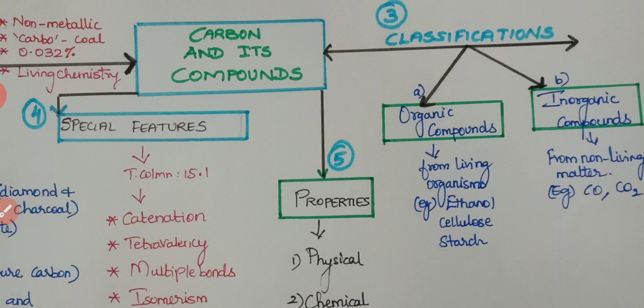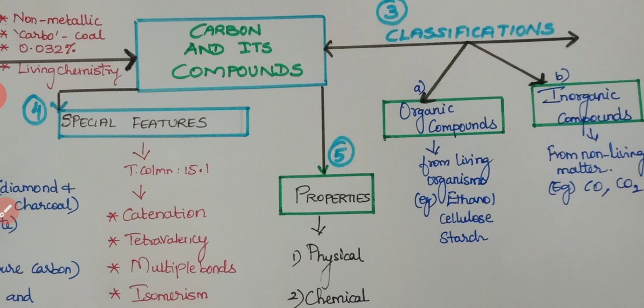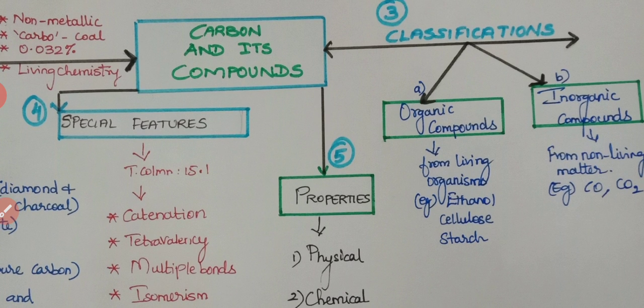Example, ethanol, cellulose and starch. Then the second is inorganic compounds. These also contain carbon but are obtained from non-living matter. Example, calcium carbonate, carbon monoxide CO and carbon dioxide CO2. So these are the 2 classifications of carbon compounds.